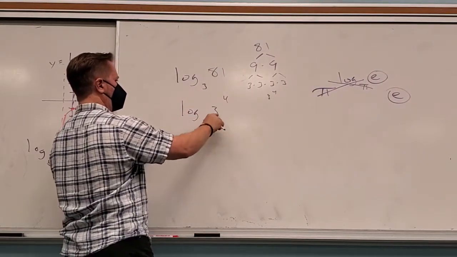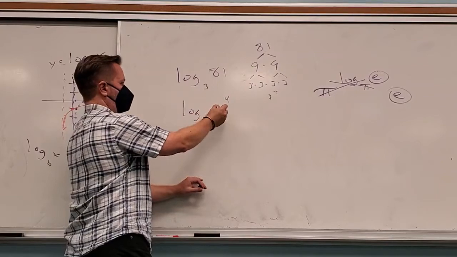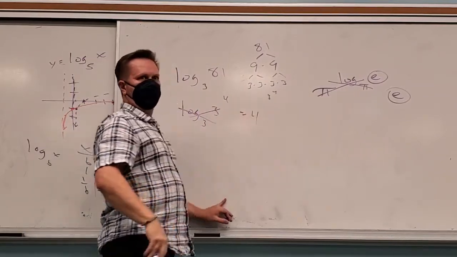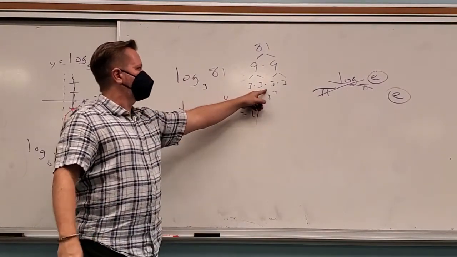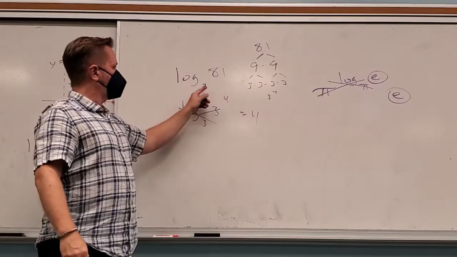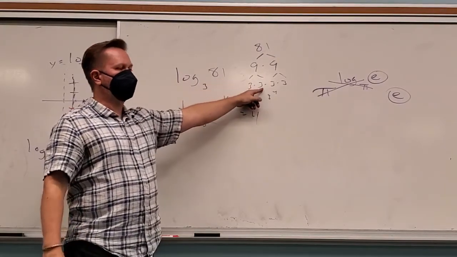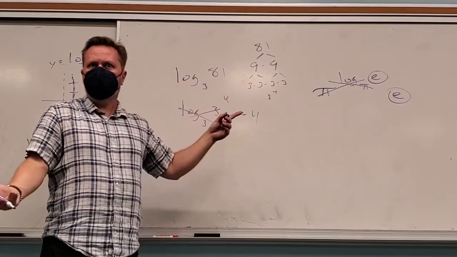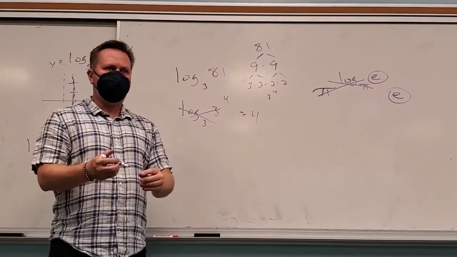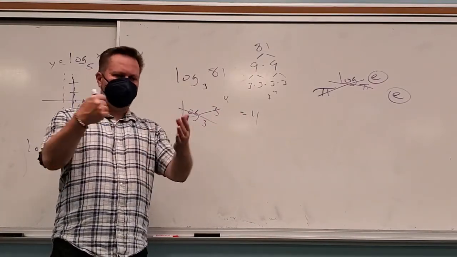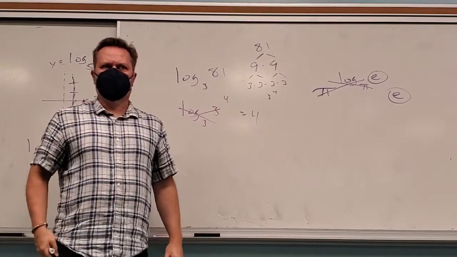Well, what do log base 3 and 3 to a power do? Cancels. The answer is 4. Now that's kind of silly because right here you knew the answer was 4, because the question is asking how many 3's multiply to 81. But there's another way to get 4, by using the fact that they're inverses of each other.